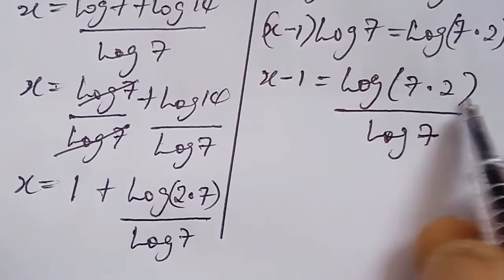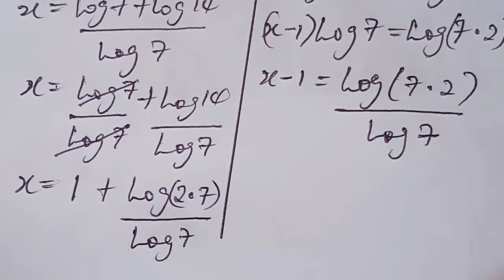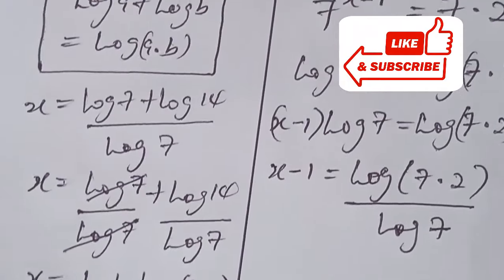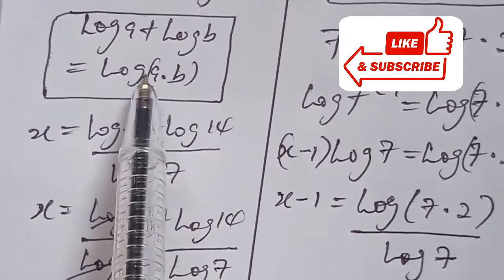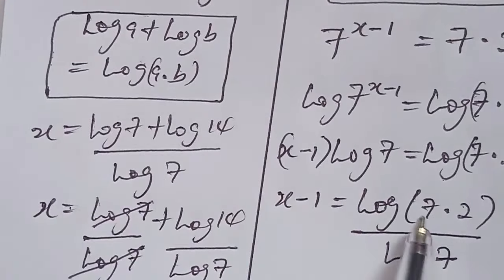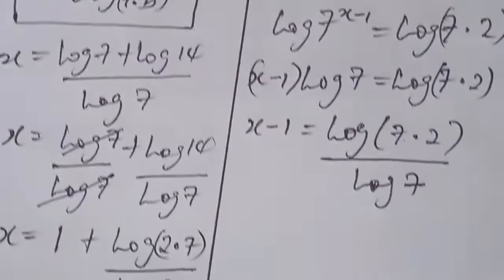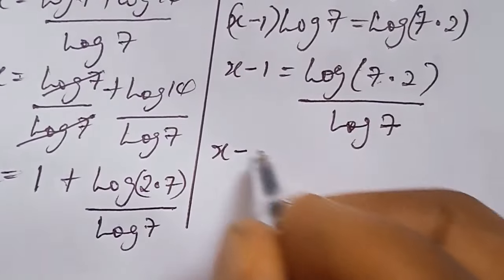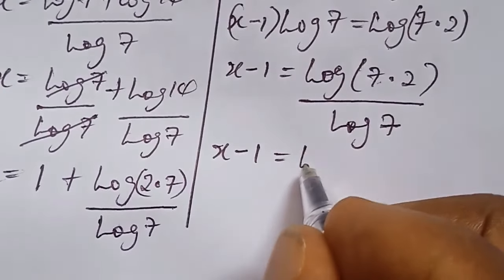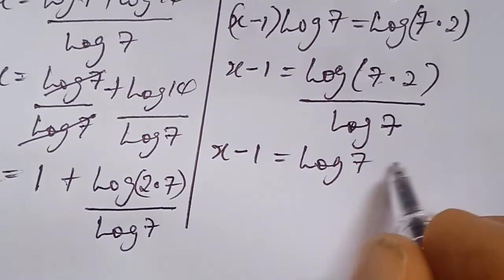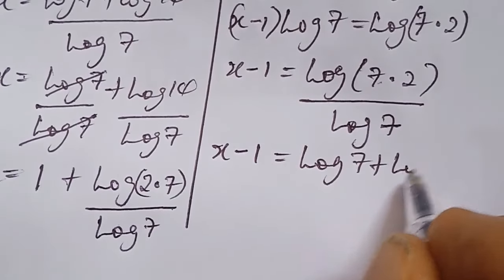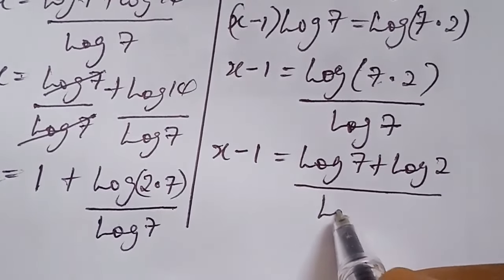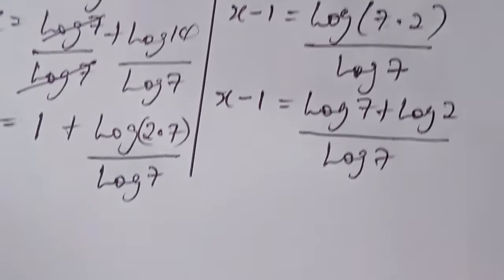So considering the log identity which we used in the first method, we apply it to the numerator of the right hand side of the second method. So we have x minus 1 equal to log 7 plus log 2 over log 7.